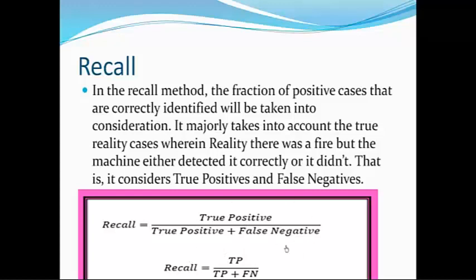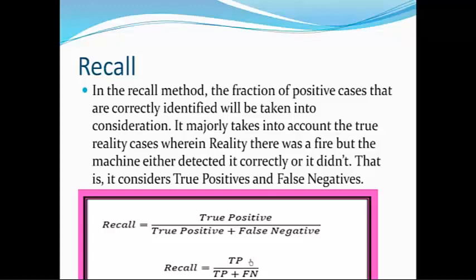In the recall method, it will come as a fraction, not a percent. Remember, recall will not come in percent, but in fraction. It means the cases that the device has correctly identified.